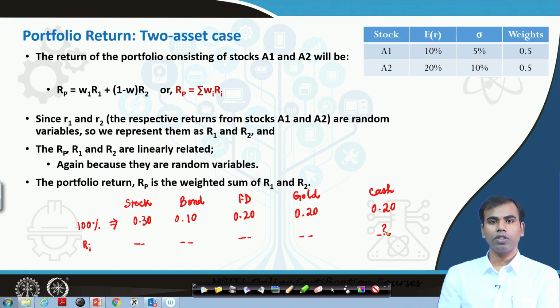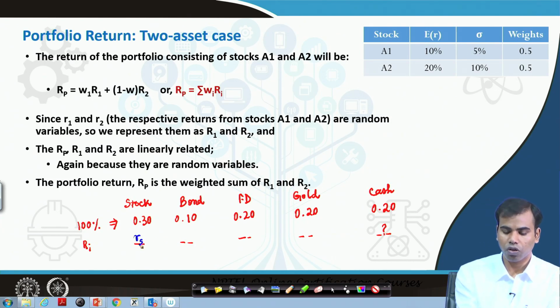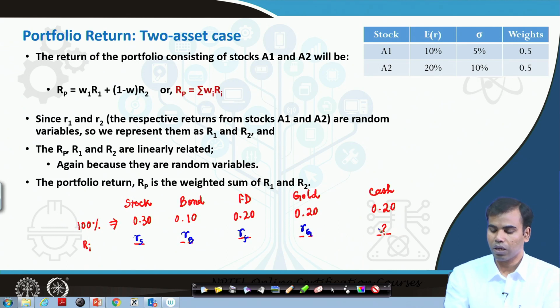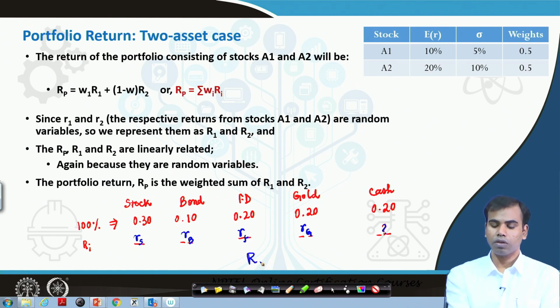Other investment avenues might be giving you some return. So, if you have the return on stock, return on bond, return on FD, return on gold, and any return at all in cash, you can combine these with the associated weights for each of the investments and calculate the portfolio return using this approach.